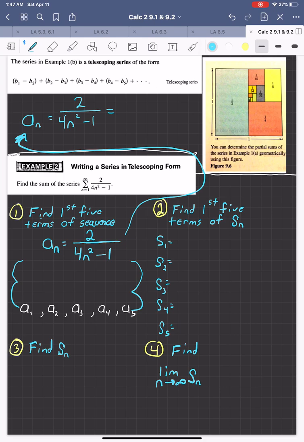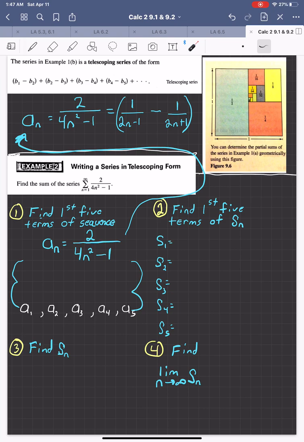You would have to use partial fractions, but you can rewrite this as 1 over 2n minus 1 minus 1 over 2n plus 1. So you can use partial fractions decomposition to break up that fraction and write it as such.